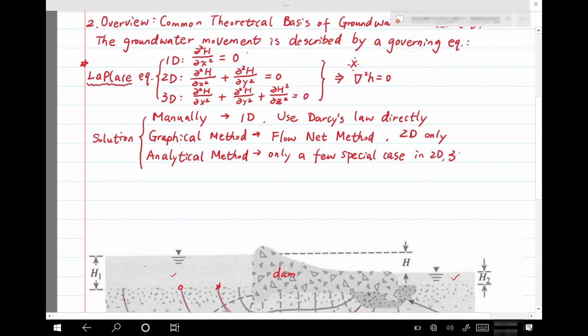In those cases, we have very special geometry and very special boundary conditions. Because of that, people can derive an analytical solution, a closed form equation, to calculate the solution to the Laplace equation. So we will also be discussing this one in a later lecture. We are talking about the flow into a well. And the last one is called the numerical method. And this one is actually those computer simulations.